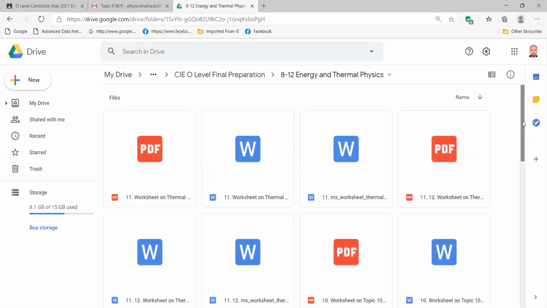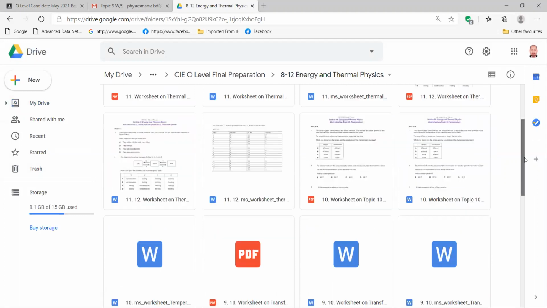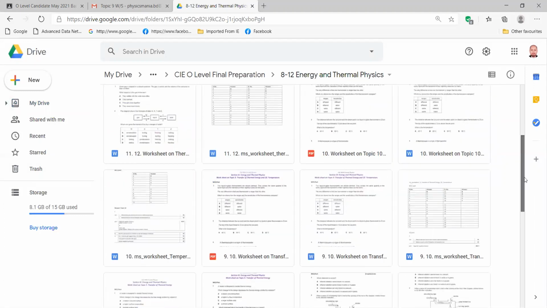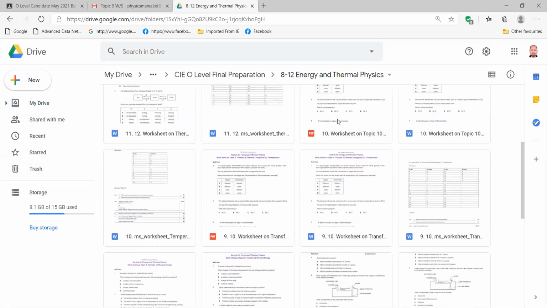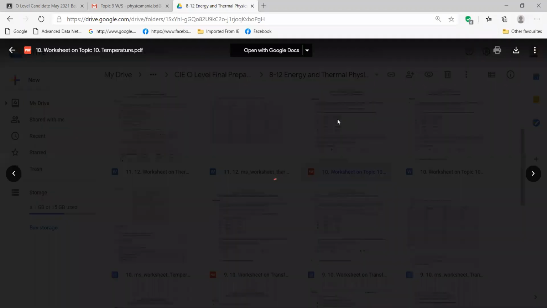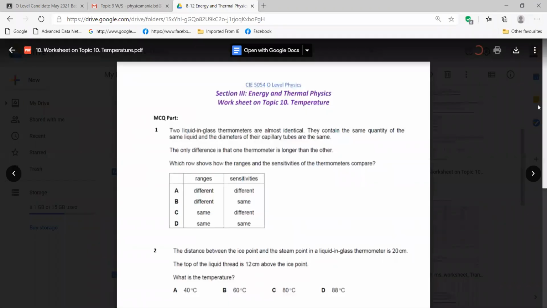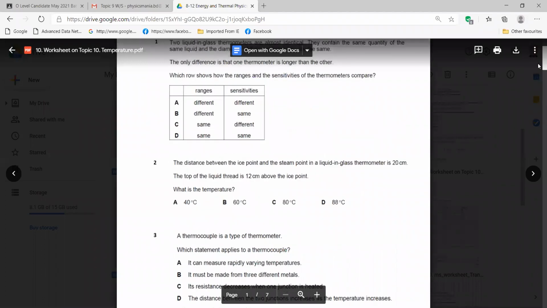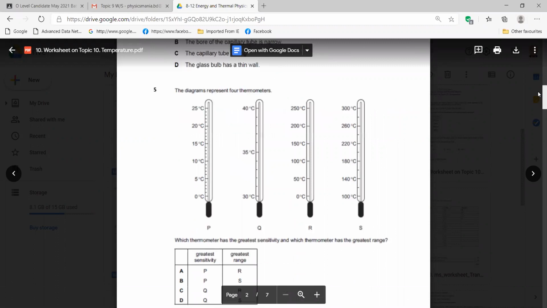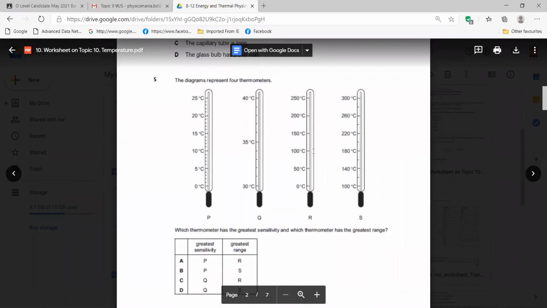Today I will upload this worksheet. You will try it at home. About that worksheet we are talking now, MCQ 5, right? Look, this diagram is giving you how many thermometers? Four, right? P, Q, R, S, four thermometers.